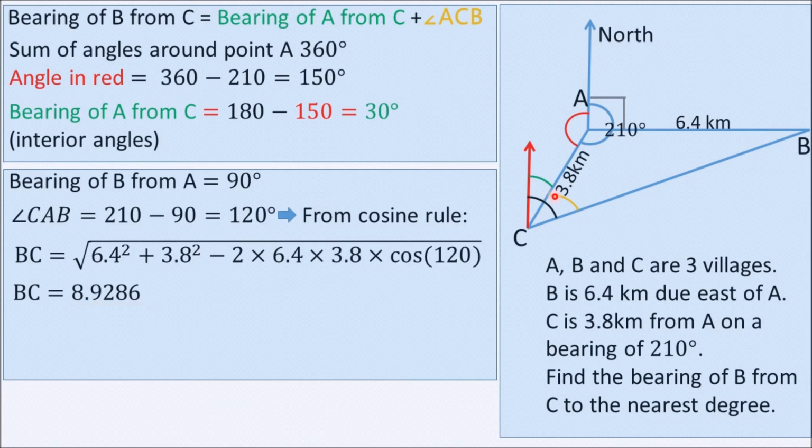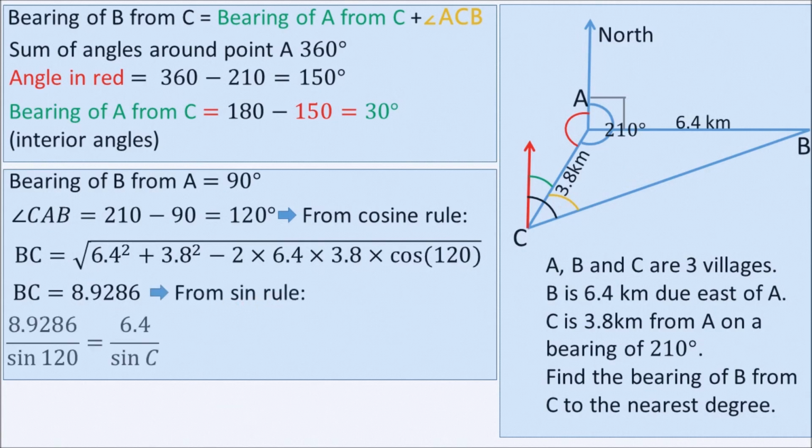If you do this calculation, you will find that BC is equal to 8.9286. To get angle ACB, we will now use the sine rule, which says that any side divided by sine the angle opposite to it is equal to any other side divided by sine of the angle opposite to that other side.